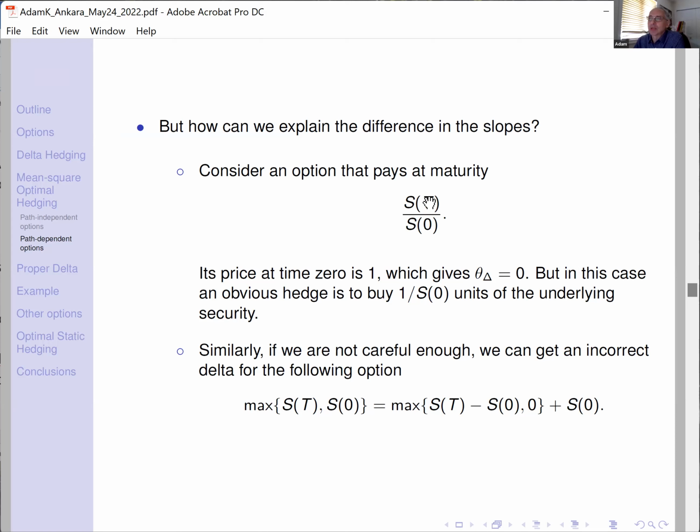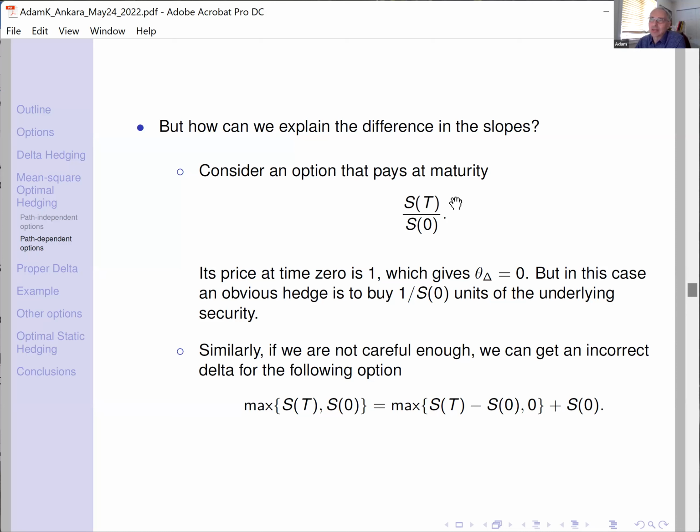Now, if I calculated the present value of the numerator, it would be S0, and then it will cancel with the denominator. So if I wasn't careful enough, the price of this contract would be 1 and the delta would be 0. So this would mean I don't have to hedge it.